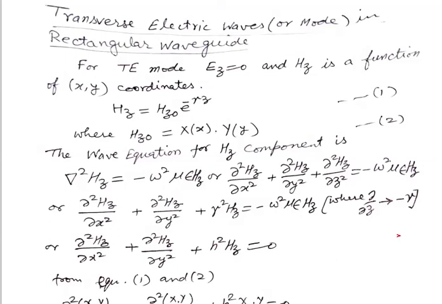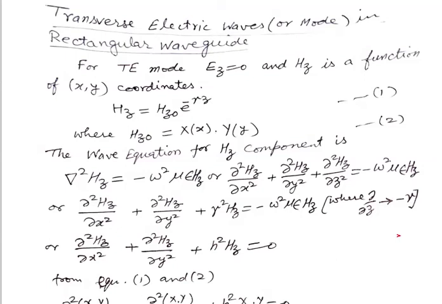The exponent factor e raised to the power minus gamma z is considered, since we have taken the z axis as the direction of wave propagation, which is the axis of the rectangular waveguide. Here Hz is a function of rectangular coordinates x, y and z, while Hz0 here is a function of only x and y coordinates.